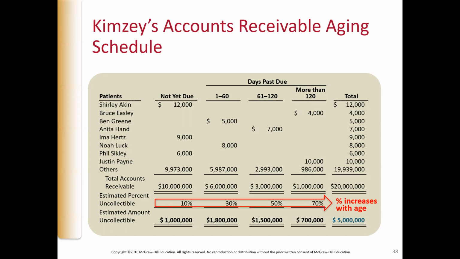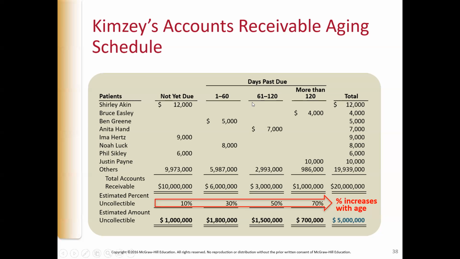Based on past experiences, the company says, okay, we know the older the outstanding portion is, the less chance we're going to collect this money. So based on history, they say 70% of these receivables that are over 120 days old, chances are we're only going to collect 30%. We're not going to collect 70%.